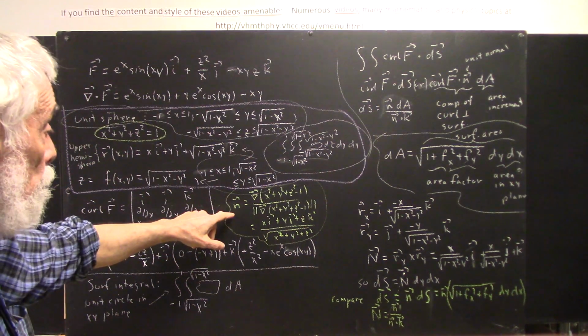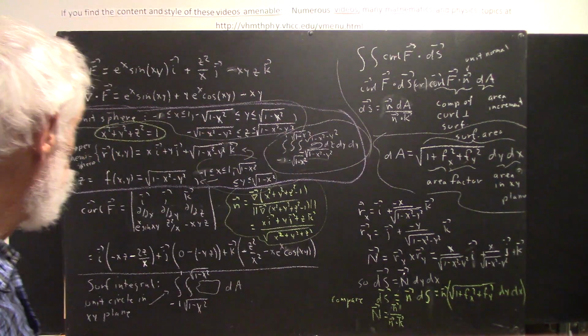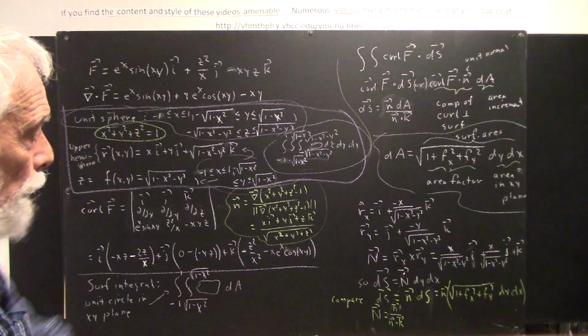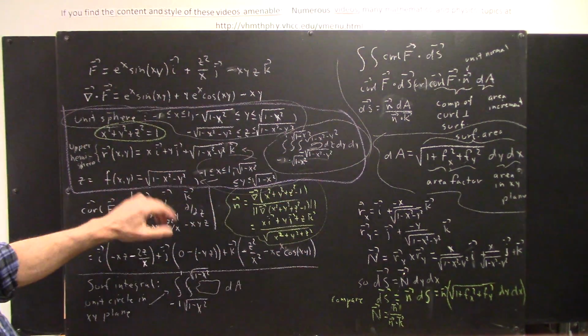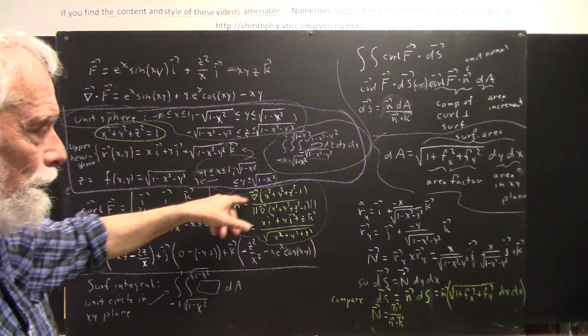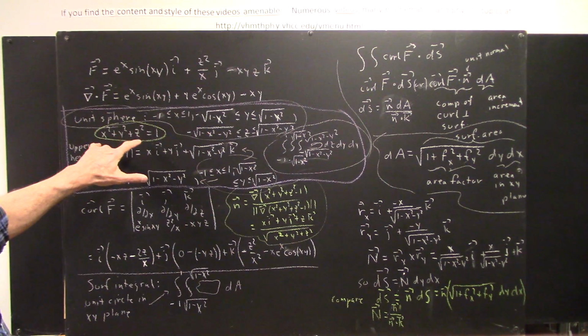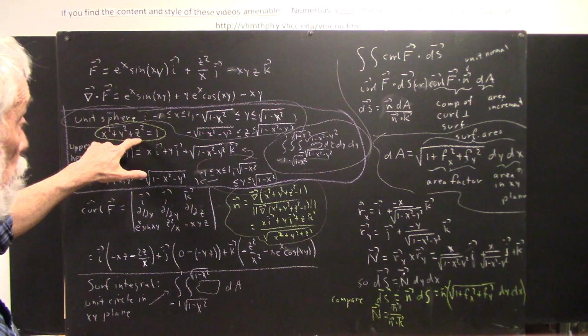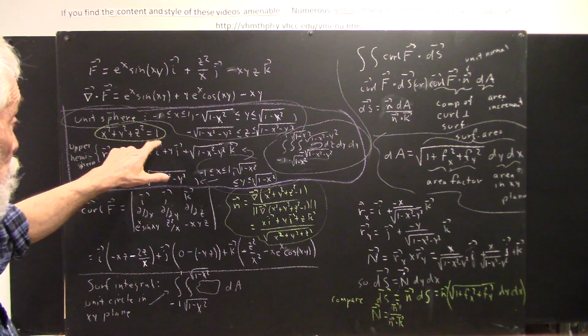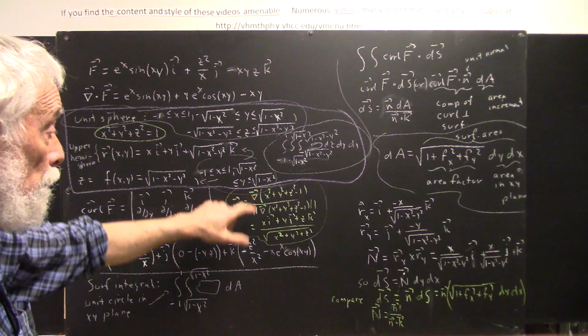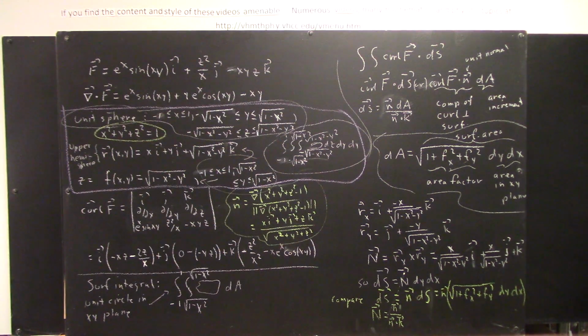I threw in the minus 1, but it isn't necessary. It's a constant. It's not going to contribute anything to the gradient. Doesn't matter what the constant is, the gradient is going to be what it is.